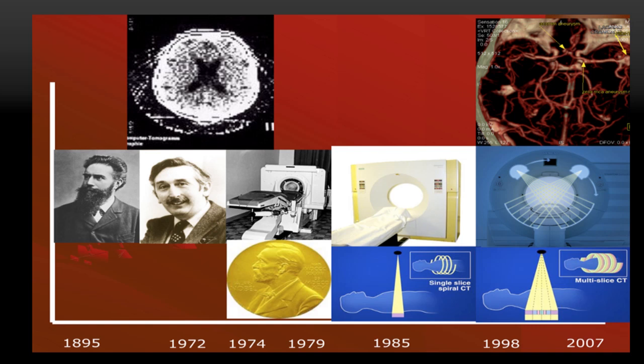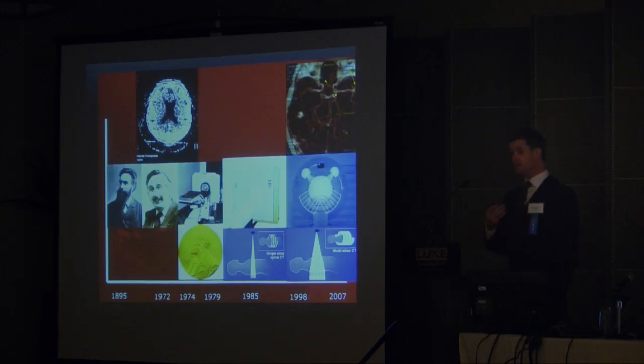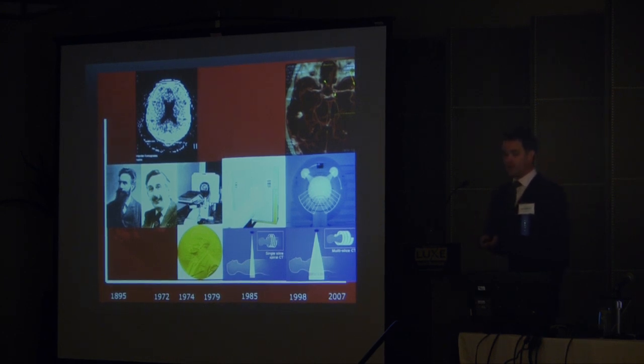And of course, that's completely useless when it comes to heart imaging. So it was only with increasing computer power, with increasing scanner technology, with first off spiral technology in the 80s and then multi-slice technology in the late 90s that we began to even kind of dream about seeing into the heart reliably.